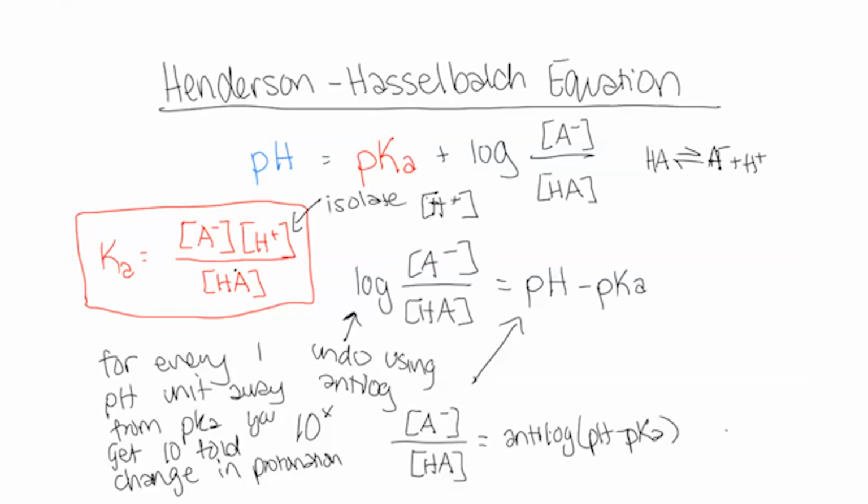And so what we did was we isolated this equation to solve for the proton concentration. This allowed us to isolate the proton concentration, but in order to talk about it in terms of pH, we needed to take the inverse log of things so that we got it on the pH scale and not just the H+ scale. Because the pH is the inverse log of the proton concentration, we need to find the inverse log of it, which means we also need to find the inverse log of our Ka.